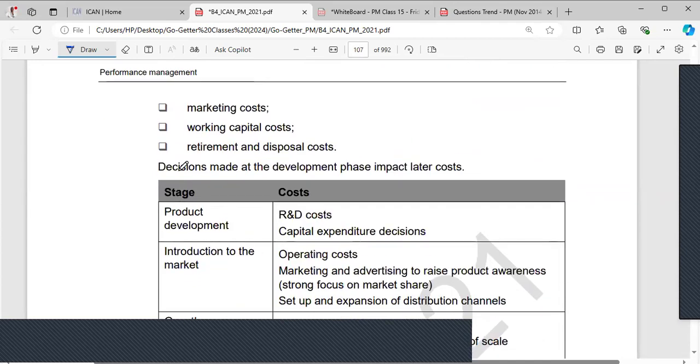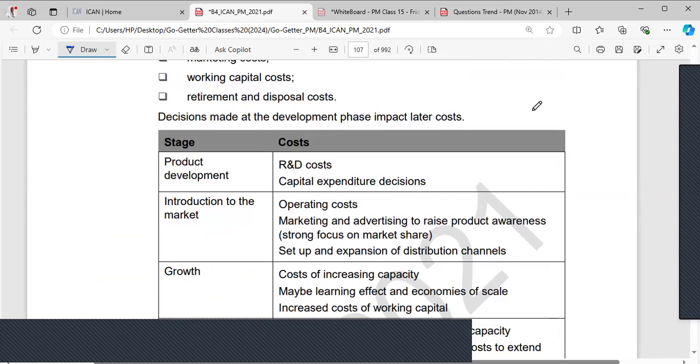Now look at the stage and look at the costs. In the product development stage, research and design costs will increase because it is being developed. That is the cost that will have more effect.